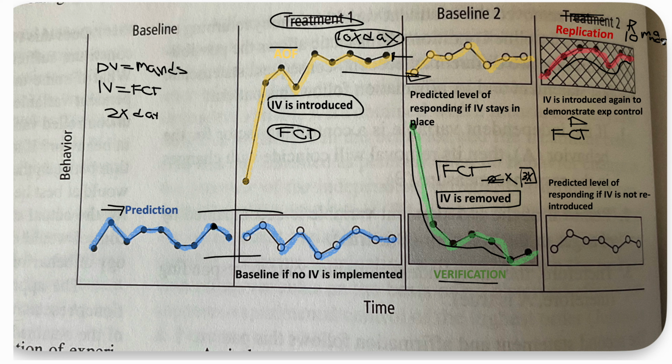Okay? So basically, the intervention is introduced again to demonstrate experimental control, meaning that we didn't only introduce it once and we got what we wanted, but we introduced it twice. Okay? I hope it makes sense.